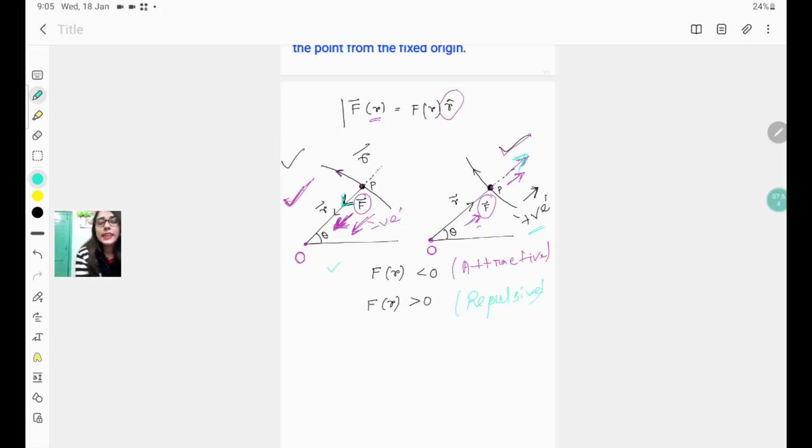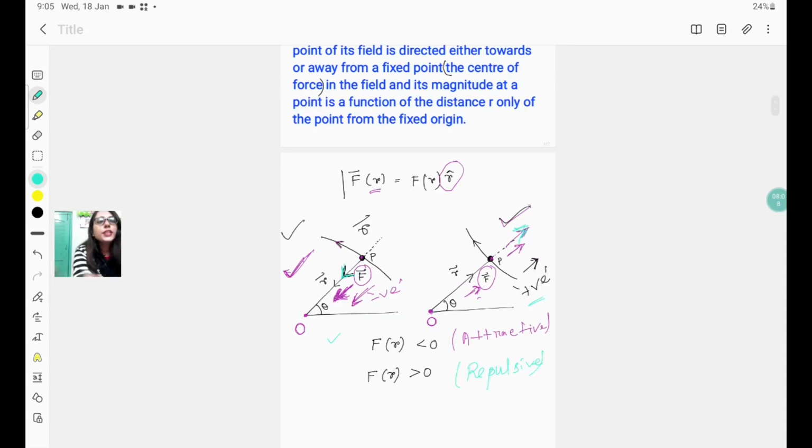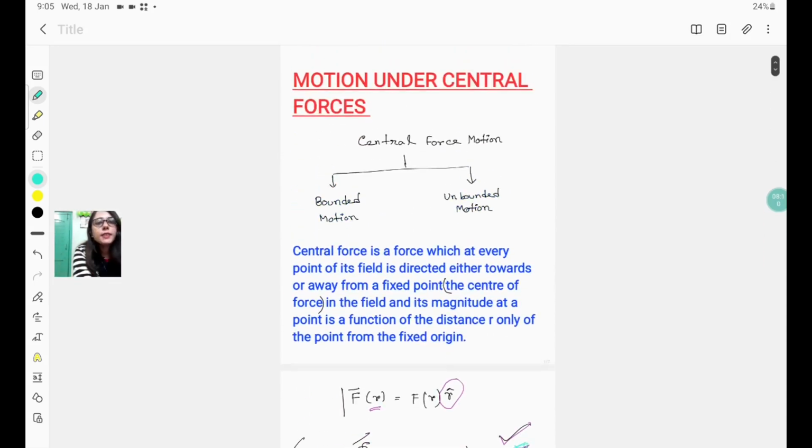So we can see here two kinds of forces. One is attractive and the other is repulsive. If the force is attractive in nature, then the motion becomes bounded because it bounds the particle in a particular trajectory. The central force motion is basically divided into two parts: one type is called bounded motion and the other type is called unbounded motion.